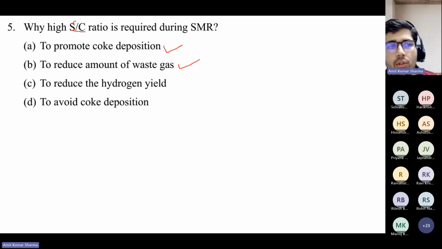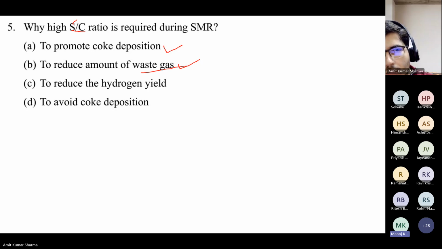If you are having a higher steam to carbon ratio, will the amount of waste gas be higher or lower? Lower, because we get more hydrogen after the shift reaction.